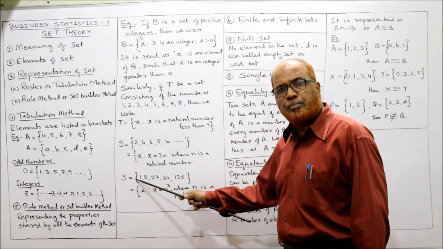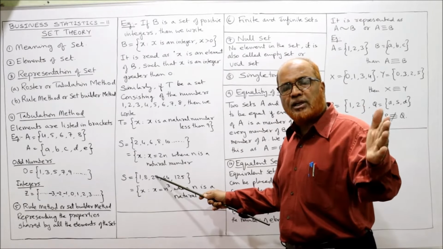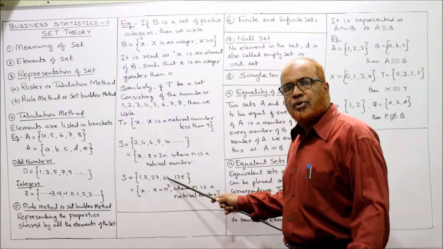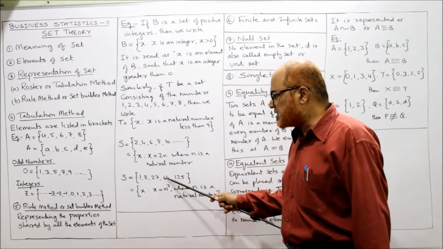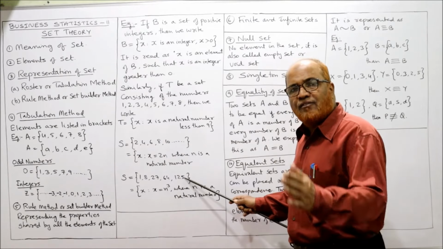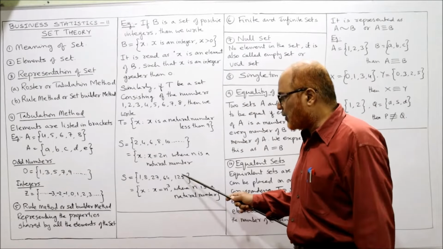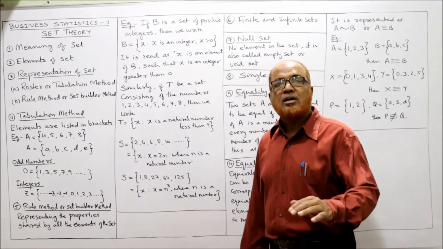Here 3 cube, 3 into 3 into 3: 3 threes are 9, 9 threes are 27. 4 cube, 4 into 4 into 4: 4 fours are 16, 16 fours are 64. 5 cube, 5 into 5 into 5: 5 fives are 25, 25 fives are 125. So we can see all these values are cubes.